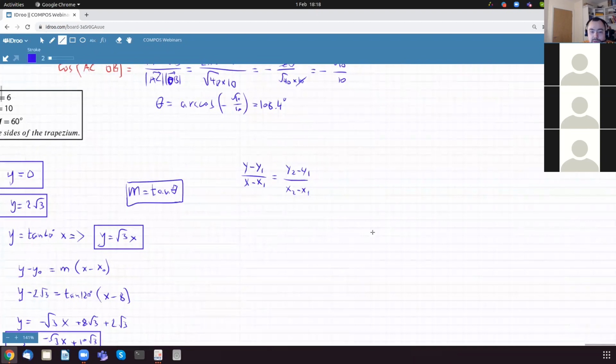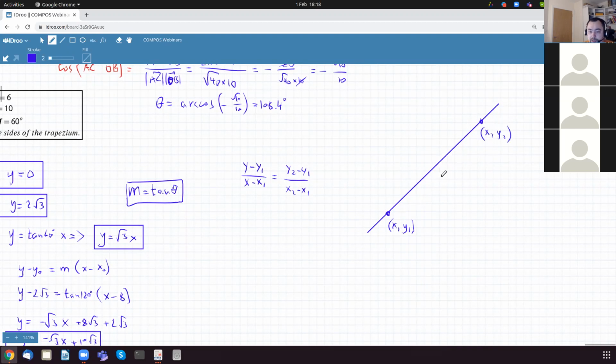If you have 3 points, 2 given points, x1, y1, that's a given point, and another given point, x2, y2. So imagine you have 2 given points, and any point on the line, xy, has to satisfy this.